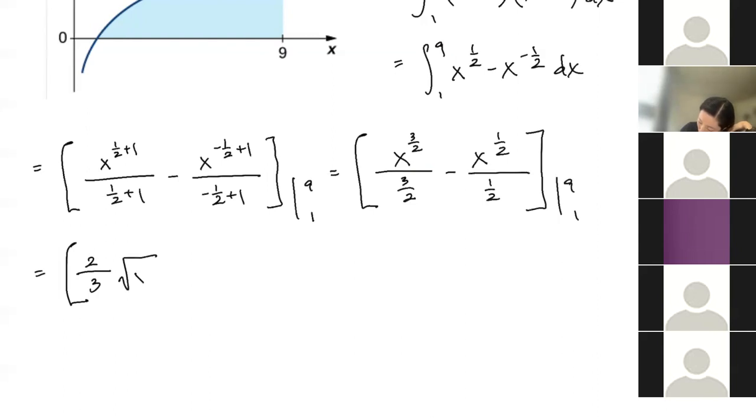So square root of x cubed, good. Minus, if this 3/2 in the bottom became a regular 2/3, what does this 1/2 on the bottom become? A 2, perfect. So minus 2, and x to the 1/2 is just the square root of x.